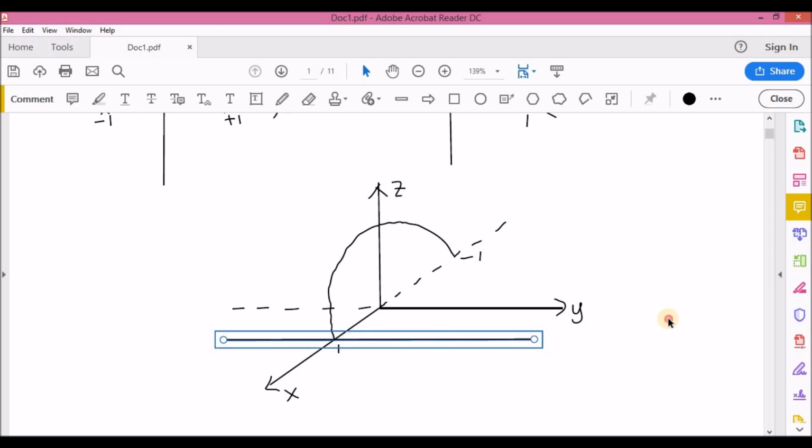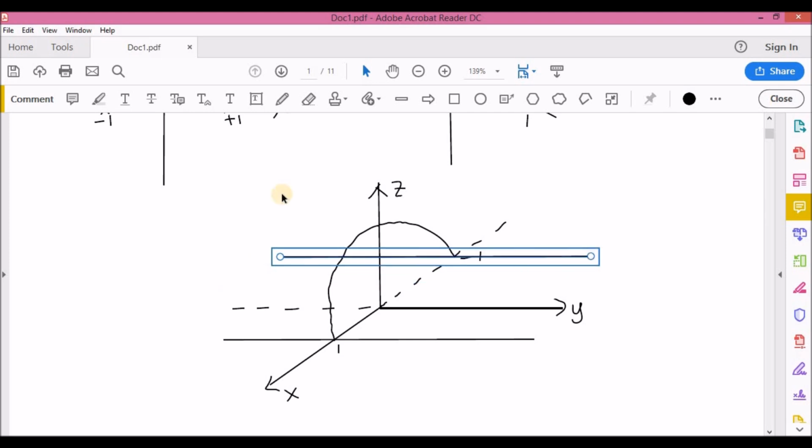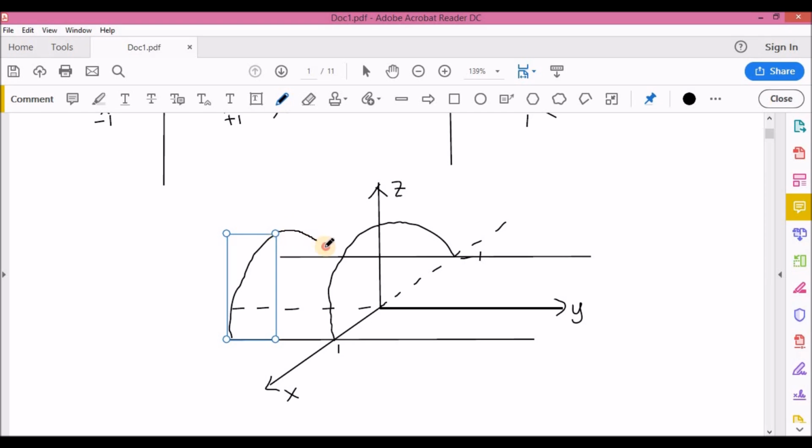We'll move it here. I will draw another diagram. Maybe this one is the curve, things like that. I hope you can understand the drawing.